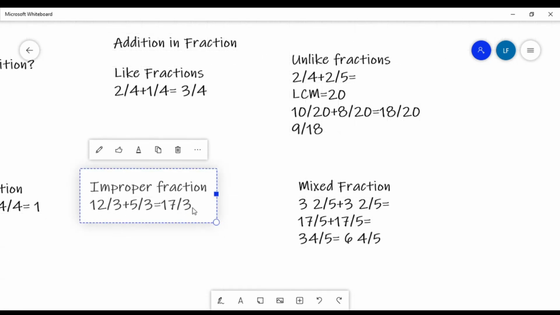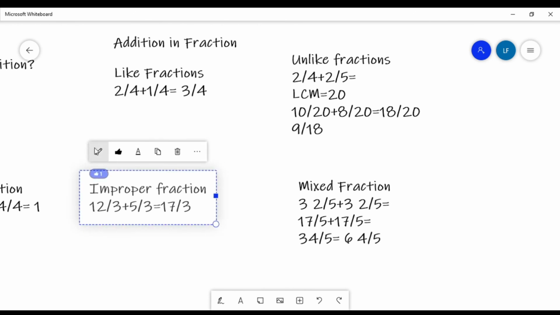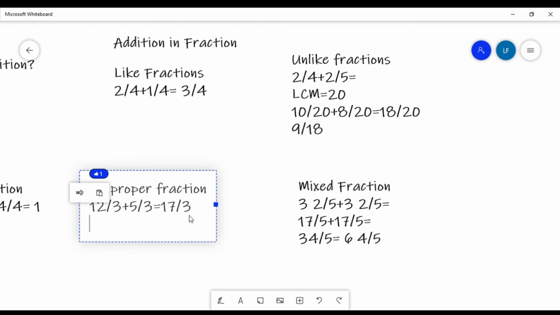And for this number, the mixed fraction will become, so 3 times what equals 17? Since 17 is not in the table of 3, we take the closest, smaller number next to 17 which is in the table of 3.